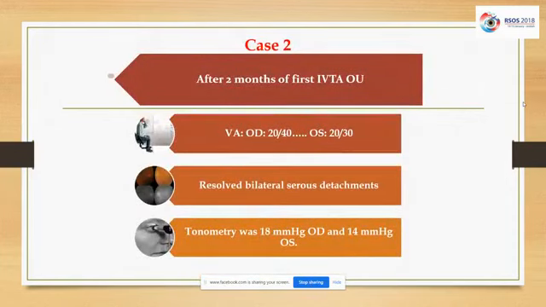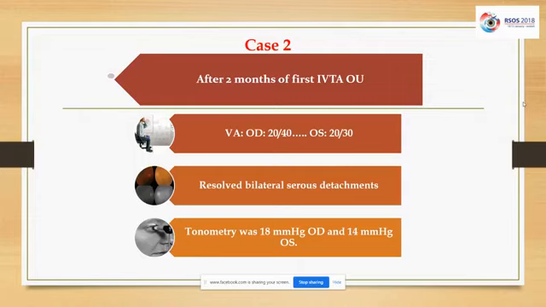So in this patient, the scenario was as follows. The patient presented with a dense vitritis in both eyes, as we mentioned, and she was on oral steroids, but there was still dense inflammation. So the patient had intravitreal triamcinolone acetonide.